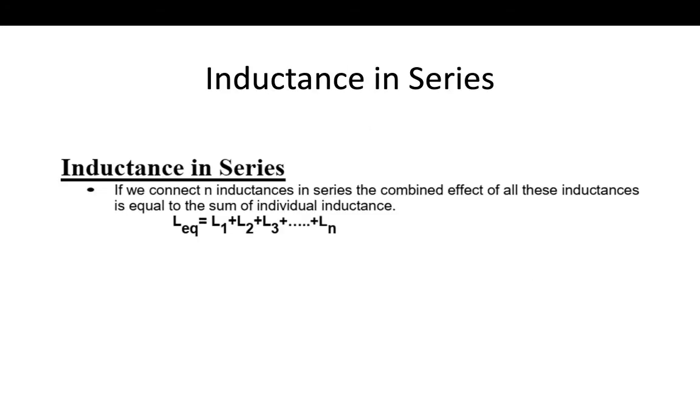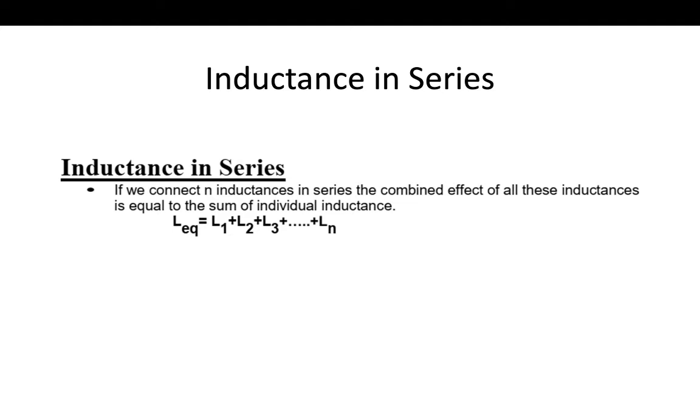So now we talk about inductance in series. Inductors and resistors are almost the same in series and parallel, so you will find the numericals are also the same. The only difference will be the symbol of a resistor and an inductor. But capacitors have different properties in series and parallel, which we already studied.